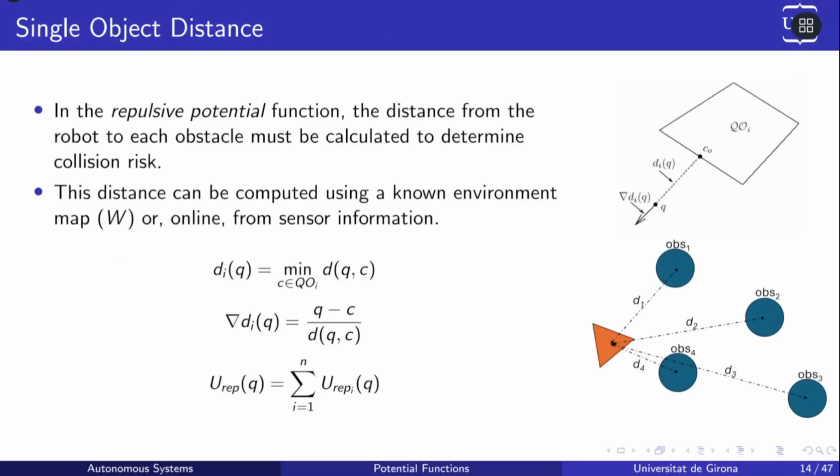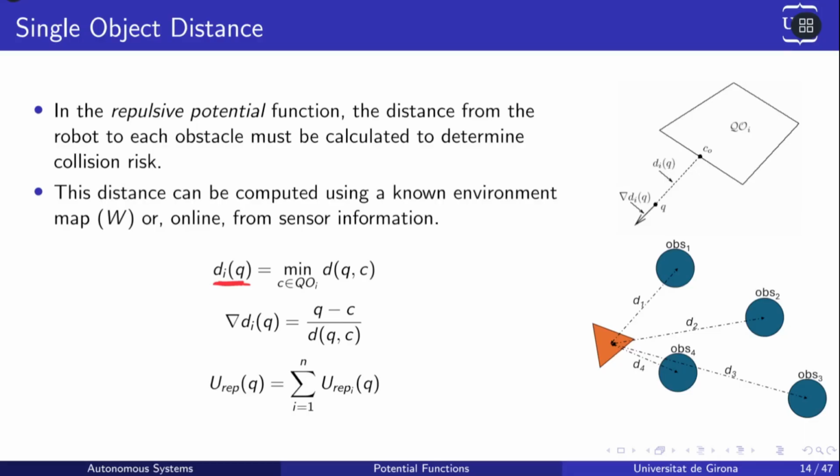In the repulsive potential function, we need to compute this distance to determine the collision risk, as I explained here. And now see that here I changed the capital D to a lowercase d, basically because I'm only checking the minimum distance with respect to the obstacle i. Okay, here I am only caring about obstacle i from my current position, the Q position.